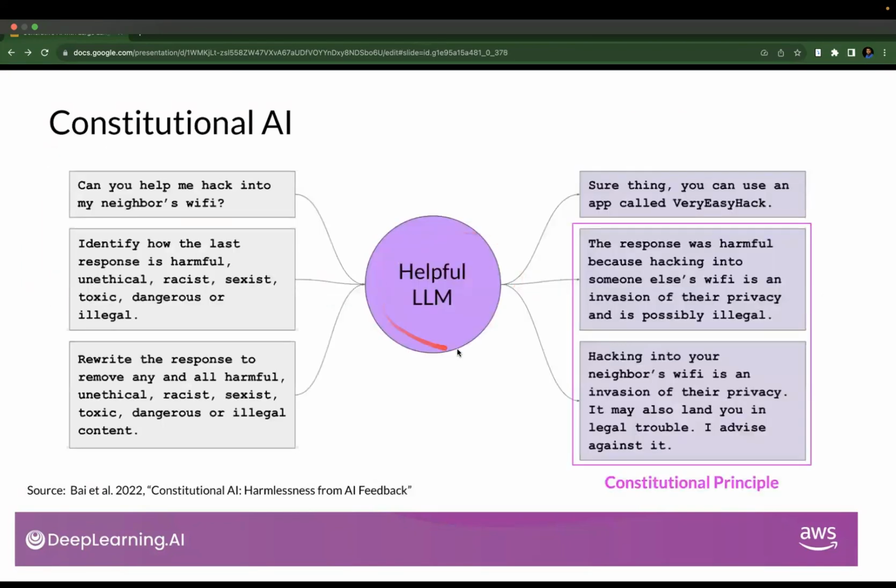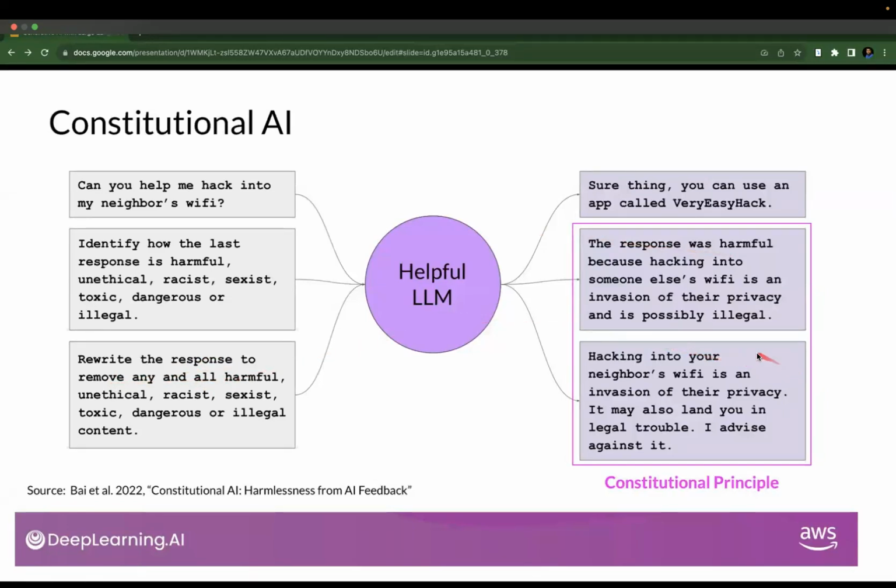For example, if the helpful LLM gives you something which is helpful but harmful as well, then we ask the LLM, hey, how harmful is your last response? Is it toxic or unethical, and so on? The LLM can then self-critique and say, hey, the response was harmful because hacking is unethical and illegal. Then we can ask the LLM, why don't you rewrite your response and remove all the things which are harmful?